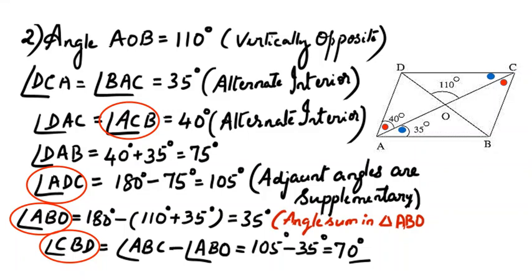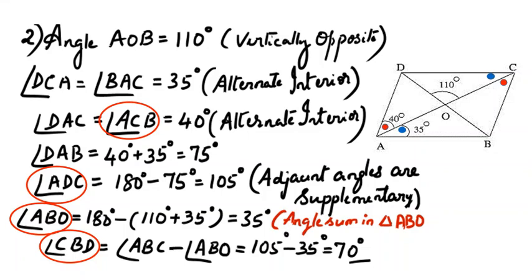AOB. So there is 35° given and 110 we found in the beginning. AOB, 110. Vertically opposite, no. So 110, 35 and one more angle together make 180°. 110 is already there. 35 is there. Now one more angle we need, ABO.